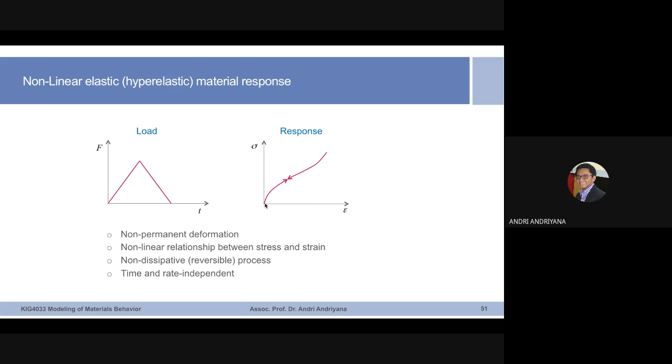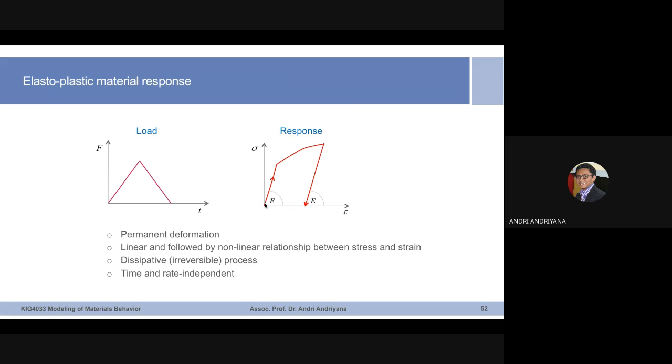Okay. The next one is something that you know well. We have discussed before. If I impose load and this is the typical stress strain response that I have, it means that it is elastoplastic material response. Why I said elasto and then plastic? Because for any plasticity, there is always certain part of elastic deformations.